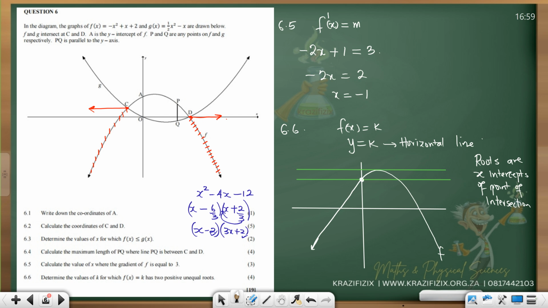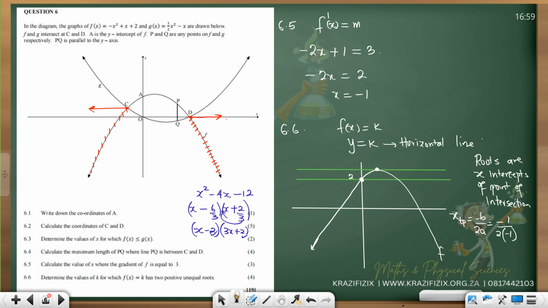All I need to do is to find my y value there and my y value there. We know this y value here is 2 that we did earlier on. Now the question is, what is the y value of the turning point? Let's get the turning point very, very fast. x of the turning point is minus b over 2a, minus 1 over 2.